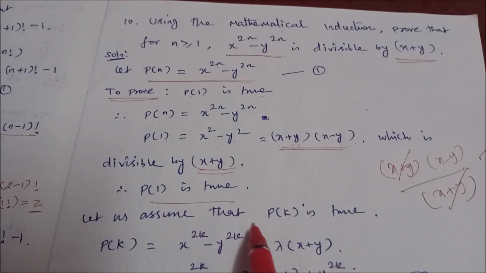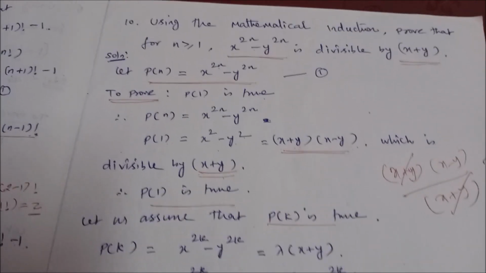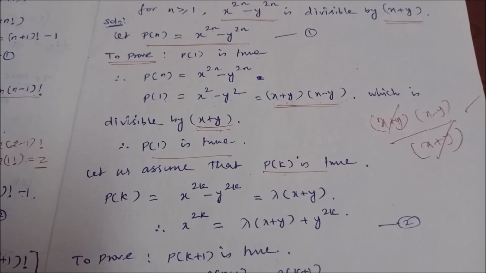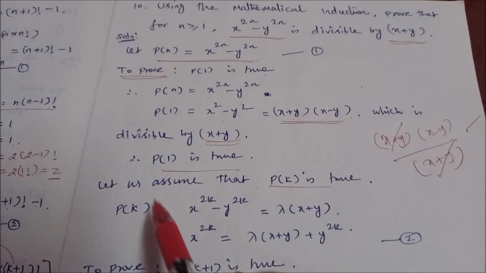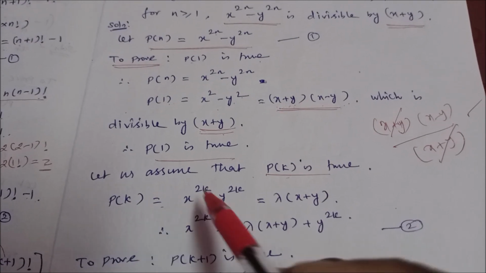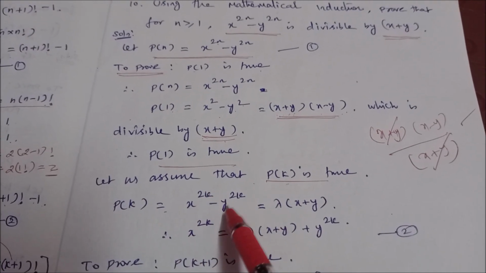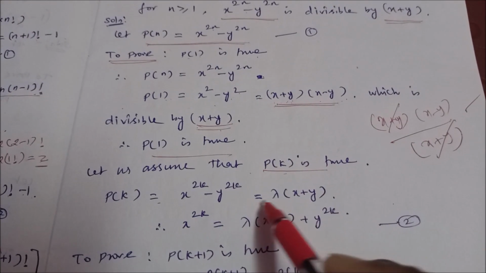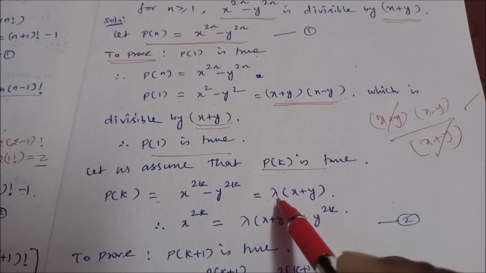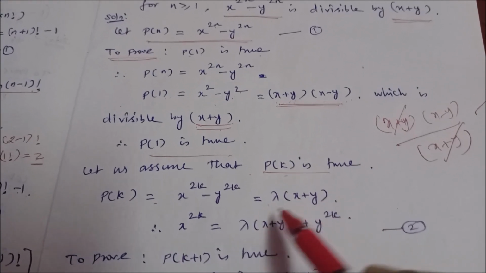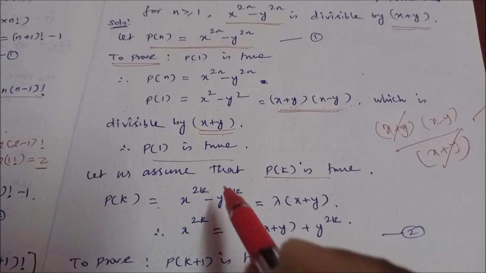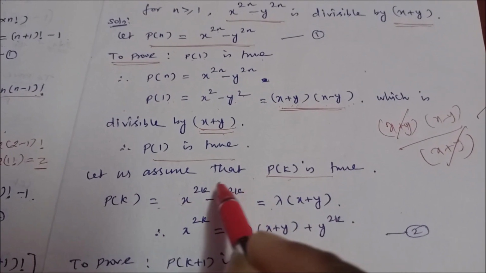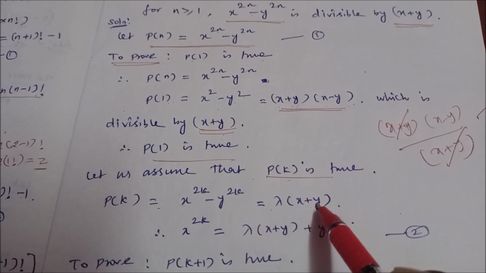Let us assume that P(k) is true. So replace n by k. P(k): x^(2k) − y^(2k) equals some λ into (x + y). It means that this term is divided by x + y.